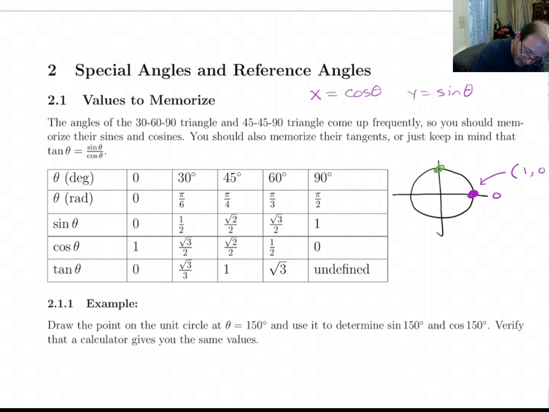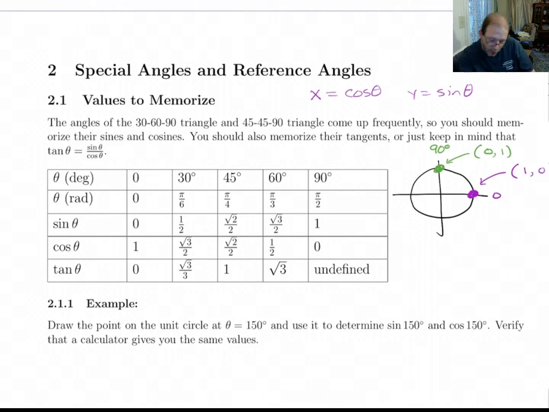Now if we come up here, this is at 90 degrees, and the coordinates of this point are 0, 1. So remember, this first value is the x value, that's the cosine of 90, which is 0, and then the sine of 90 is going to be 1.